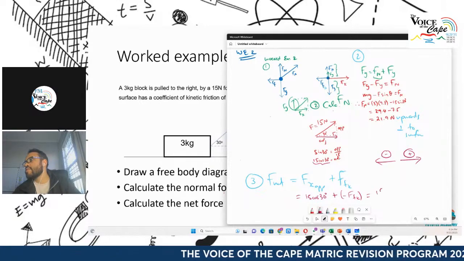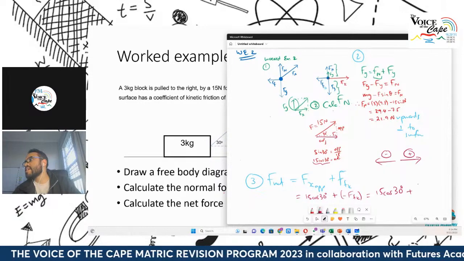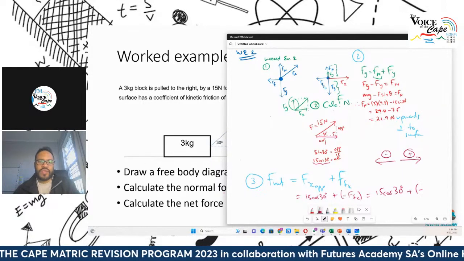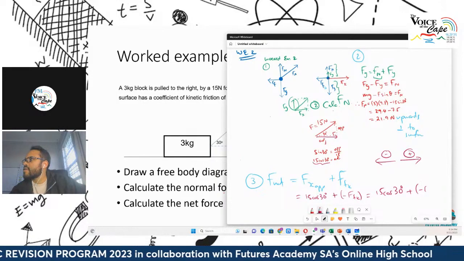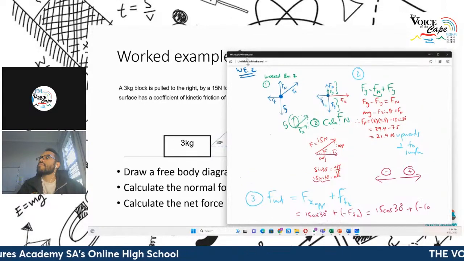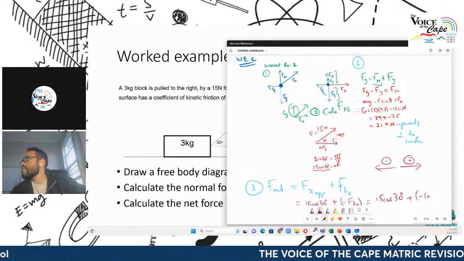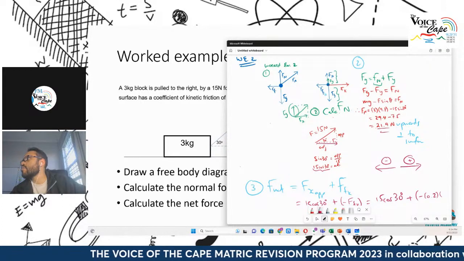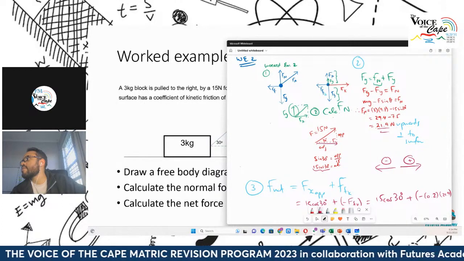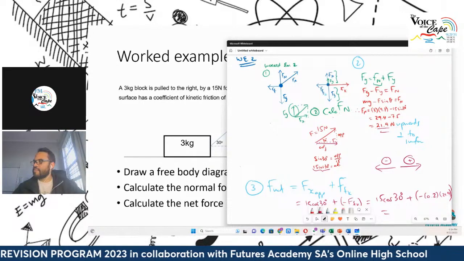So I'm going to substitute in here 15 cos of 30 degrees, plus the negative value of 0.2 times 21.9, because that's the normal force. So the question was scaffolded for you. We said this will be 7.5.